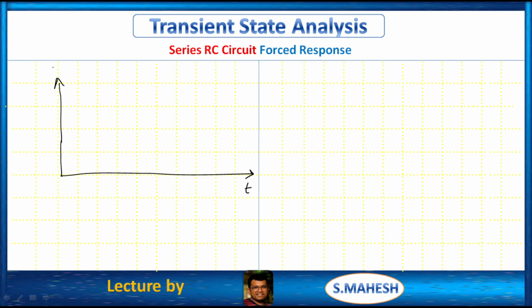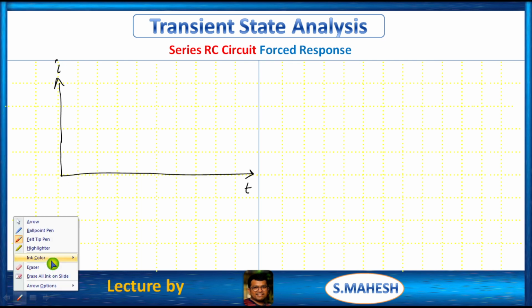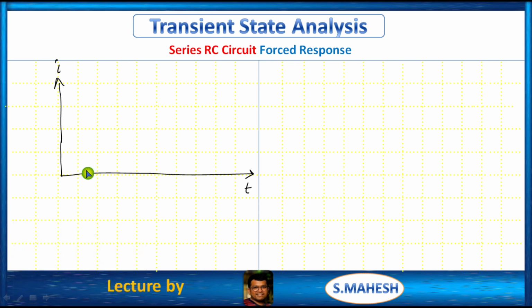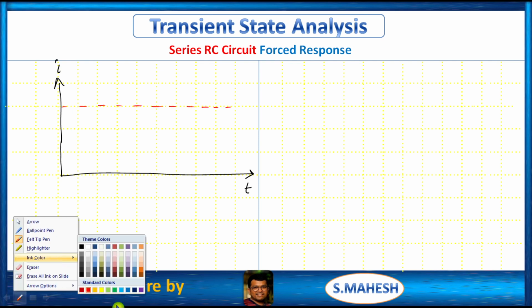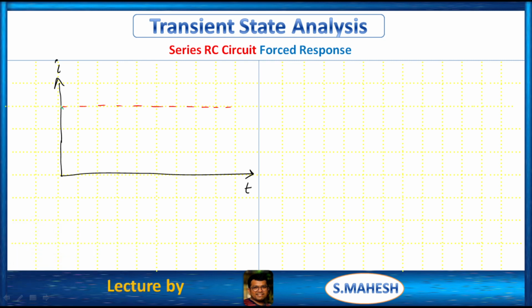This is t, this is I. Then the response is like this. This is V by R. This is 1 tau, this is 2 tau, this is 0.